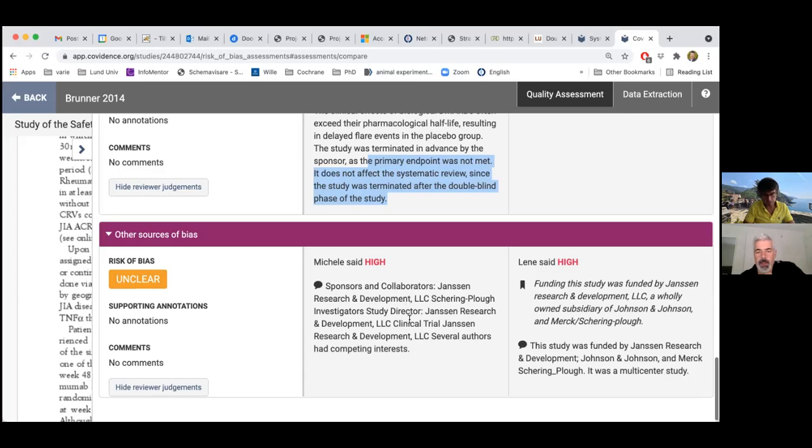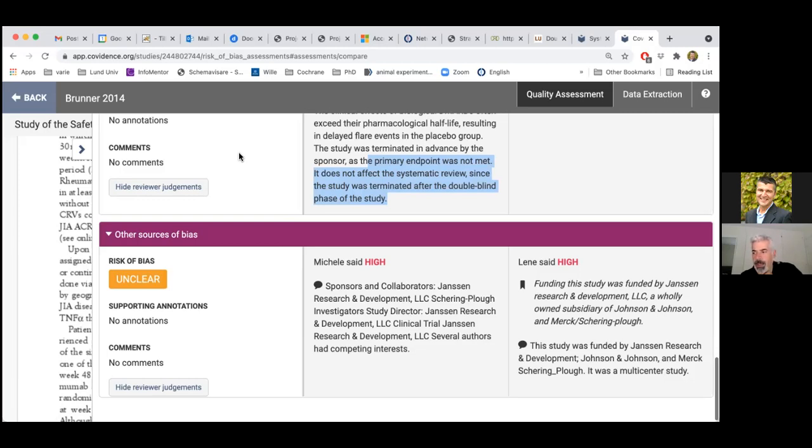Well, because we had a discussion about it during the previous meeting with Ingemar and Lene, maybe it's a different source of bias if the study is only sponsored by pharmaceutical companies compared to studies where the main authors are maybe employed in the pharmaceutical company.